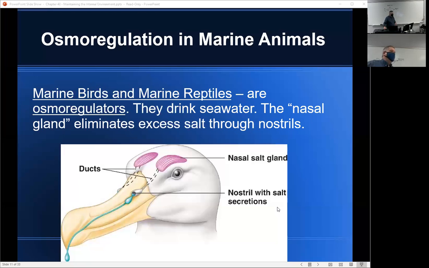Okay, marine birds and reptiles are osmoregulators. They drink seawater, and they have this special nasal gland that eliminates salt through the nostrils.